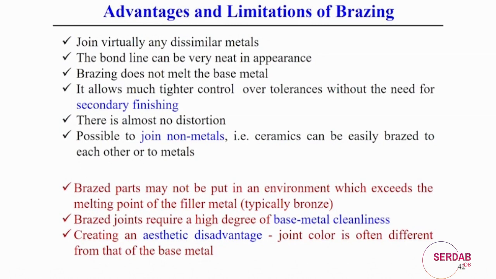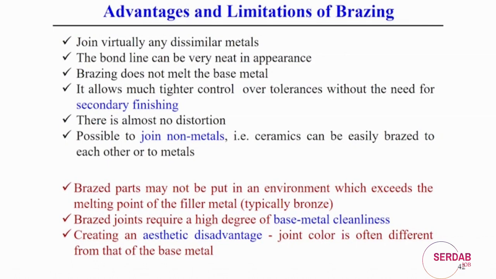But there are also some limitations of this process. Definitely the brazed joint cannot be used in a temperature environment where it exceeds the melting point of the filler material, otherwise it will lose the strength of the joint.